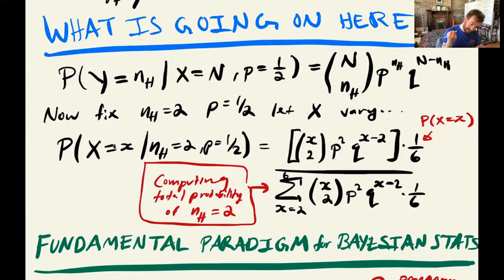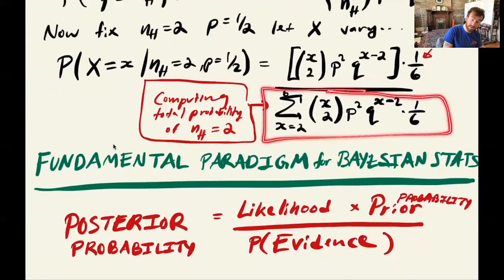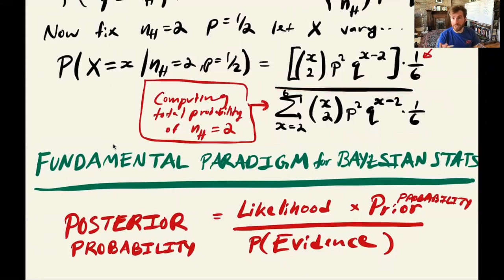But when I then multiplied that 1/6 times the likelihood, so this was essentially the probability that X equals a particular value, times that prior, and then I divided by the total probability of the observed outcome, which in this case was, I got 2 heads, probability of my evidence. By letting X vary, I now get a posterior probability distribution.